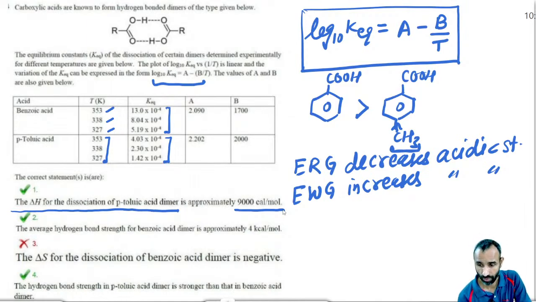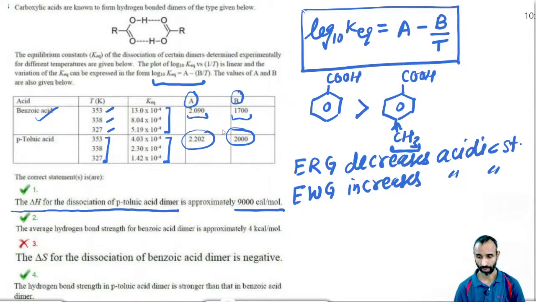It is given that the plot of log K equilibrium versus 1 upon T is linear, and the variation of K equilibrium can be expressed in the form log K equilibrium equal to A minus B upon T. A is 2000 and B is 1700 for benzoic acid, and for paratoluic acid A is 2202 and B is 2000.